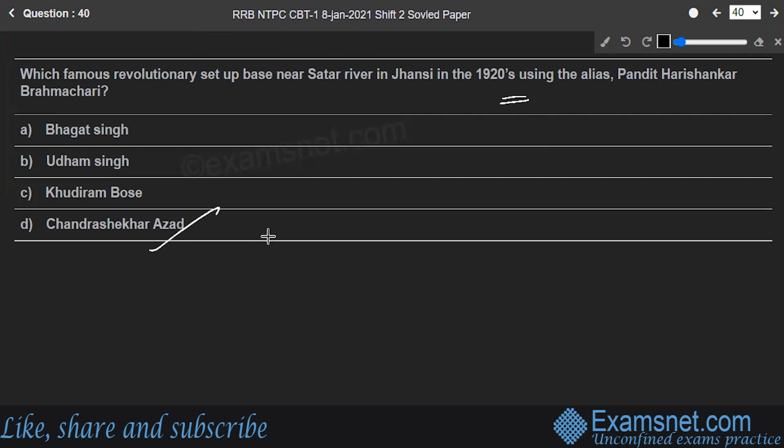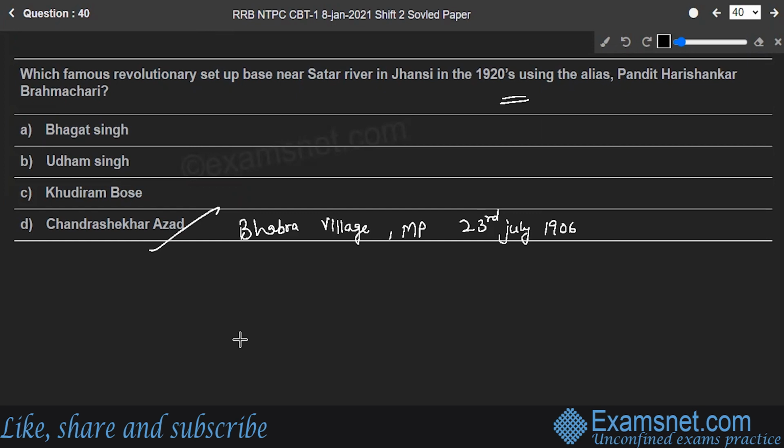Chandrasekhar Azad was born at Bhabra village in Madhya Pradesh on 23rd July 1906. Bhabra is close to Orcha in Tikamgarh district, where Azad reportedly lived incognito in guise of sannyasi.